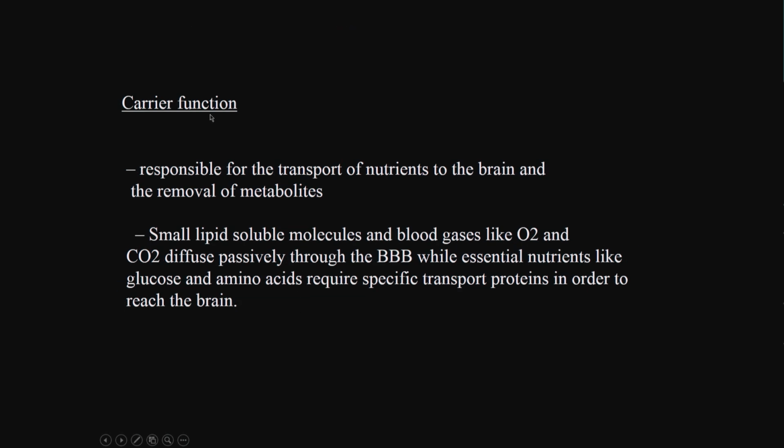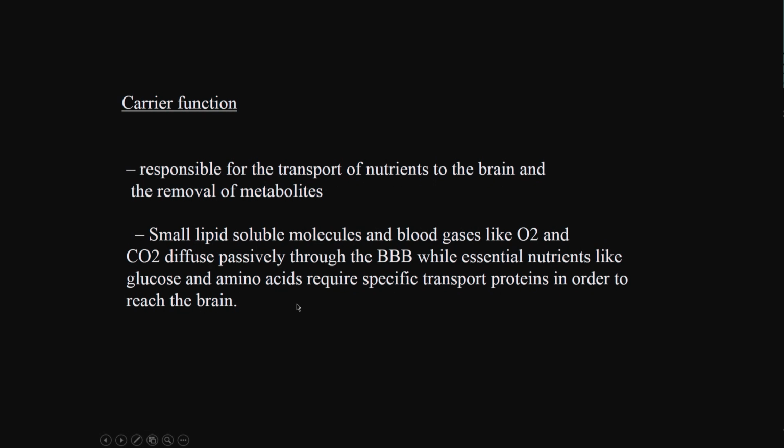Now the carrier. These are responsible for carrying material from outside into inside, like nutrients to the brain, and removal of metabolites. Small lipid soluble molecules and blood gases like O2 and CO2 diffuse passively through the BBB, while essential nutrients like glucose and amino acids require specific transporter proteins in order to reach the brain. So we have proteins which are very specific for transporting the nutrients and amino acids inside, whereas gases like CO2 and O2 diffuse in a very passive manner.